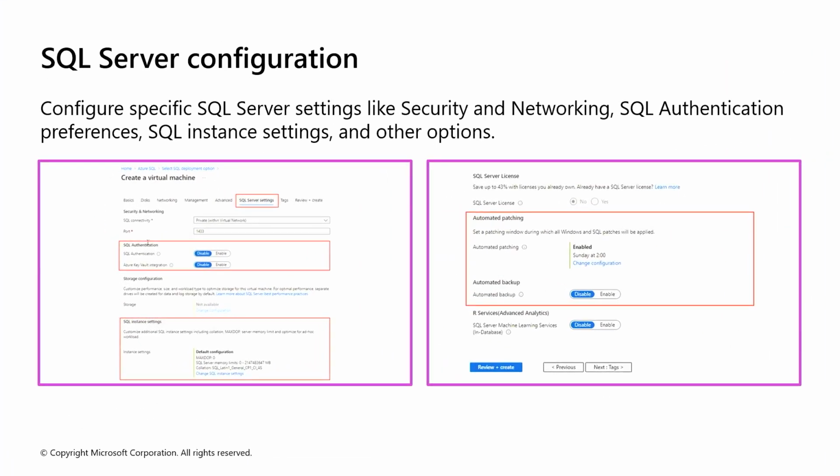If your SQL Server supports external apps or users, enable SQL authentication. For secure key management, especially in production or compliance-sensitive environments, you're going to want to integrate with Azure Key Vault to automate key rotation, also to help you work with access control and auditing.